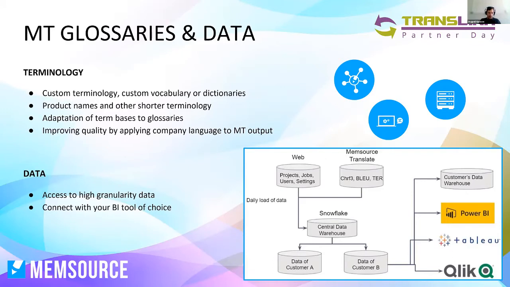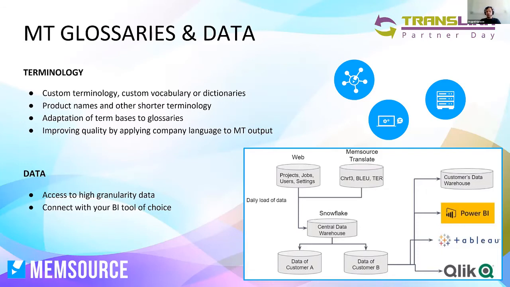If customers are more data-driven, more experienced in MT, they want to have a bit more insight into what's actually happening, especially if they want to train their own custom engines, as TransPerfect is doing. So for that, they want to have more granularity on the data, on what's happening on the back end. What's Memsource Translate actually doing.